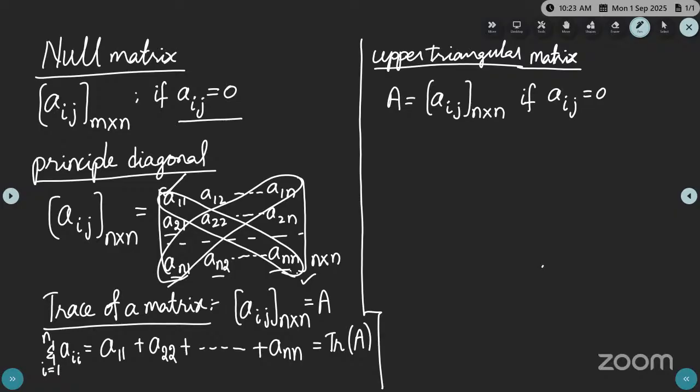All these elements are supposed to be 0. So what you can write? Aij equal to 0 for i greater than j. 2 is greater than 1, n is greater than 1, n is greater than 2, 3 is greater than 1, 3 is greater than 2. All these elements are supposed to be zeros.